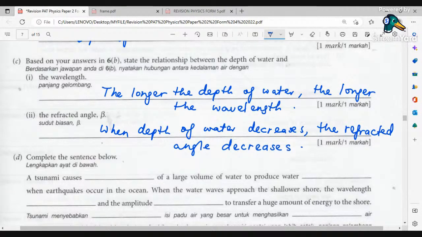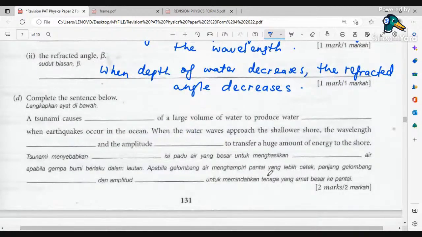Okay. Decrease ataupun depth of water increase, refracted angle increase pun boleh. Okay. Ataupun the shorter the depth of water, okay, the smaller the refracted angle also can. Okay, part D.